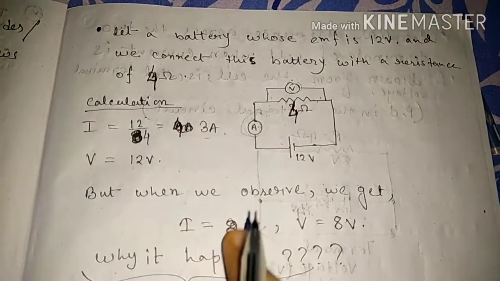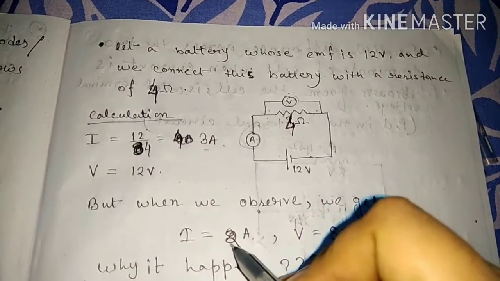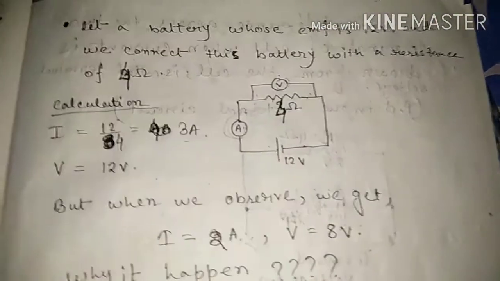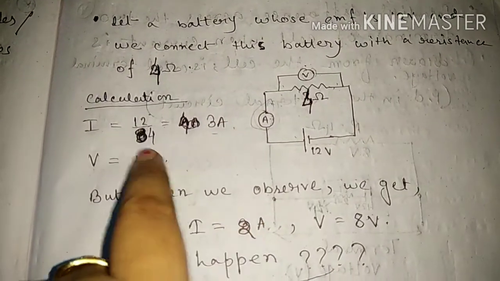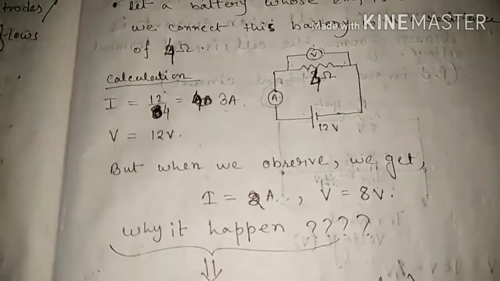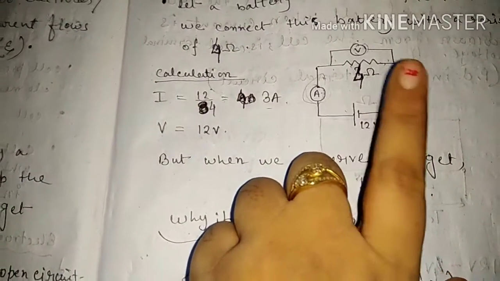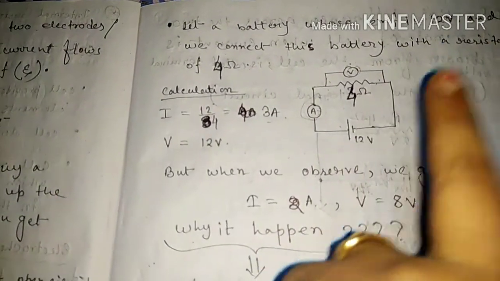Practically, from the ammeter we get I equals 2 ampere, and from the voltmeter we get 8 volt. But theoretically, when we apply the formula, we get different values. Why is it less? It happens because this cell also has a resistance inside it, and that resistance is called internal resistance.